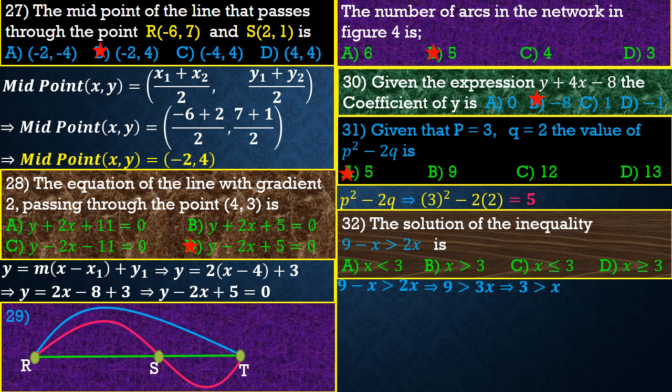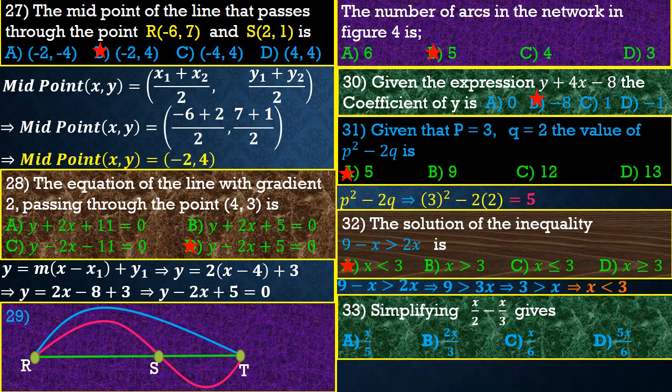If 3 is greater than x, it means that x is less than 3. Note, guys, that the sign in this case has remained the same because we are dividing all through by a positive quantity. If we are dividing or multiplying by a negative quantity, we have no choice but to reverse the sign of the inequality after dividing. So, guys, option A is the best option.